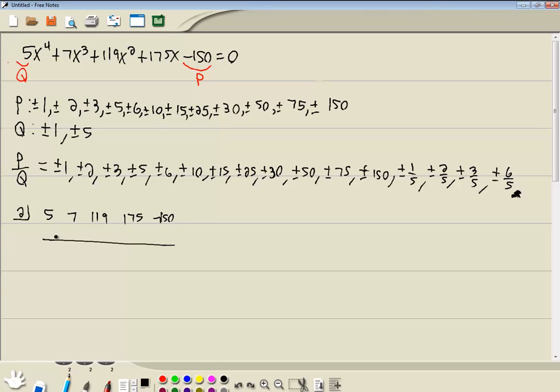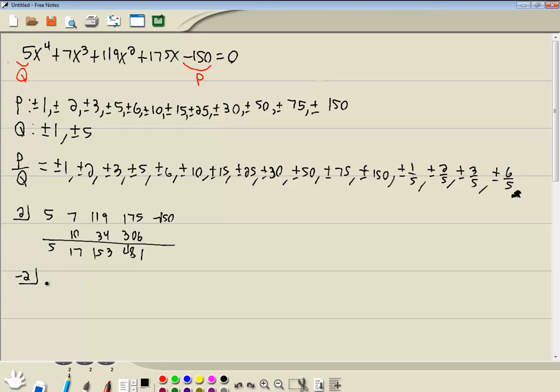Okay. So add, multiply, add, multiply, add, multiply. 601, 306, I think. Add. 2 times 481 plus a negative 150 is not going to give me 0, so I know that doesn't work.